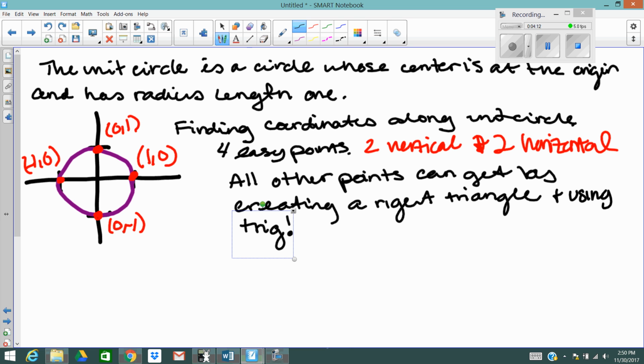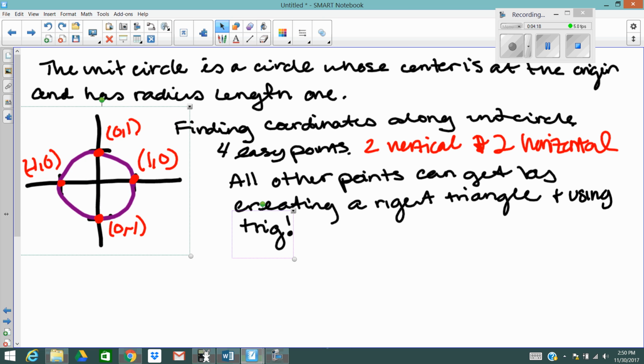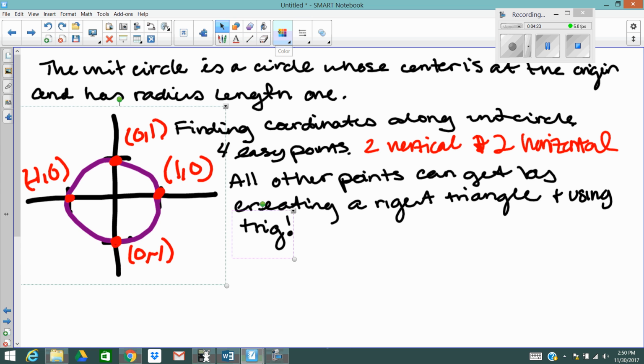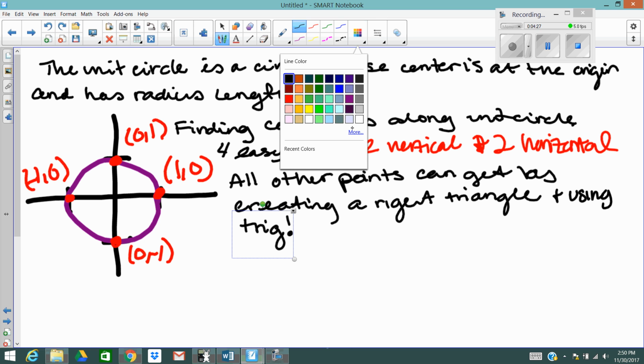So, what do I mean by that? Well, let's make this a little bit bigger again. There we go. And let's pick another color I haven't used yet. I'm going to go pink.